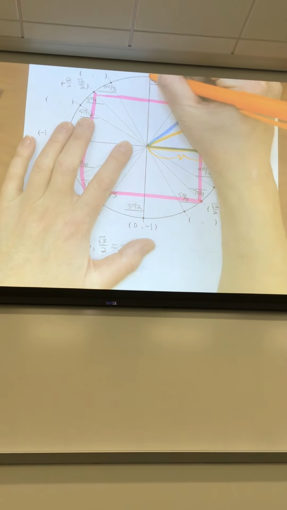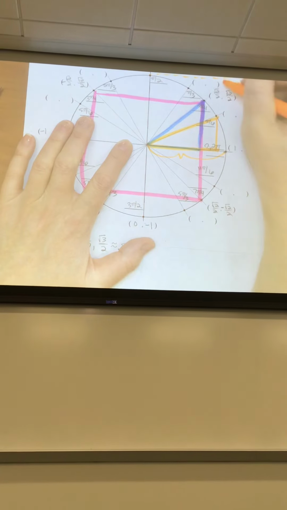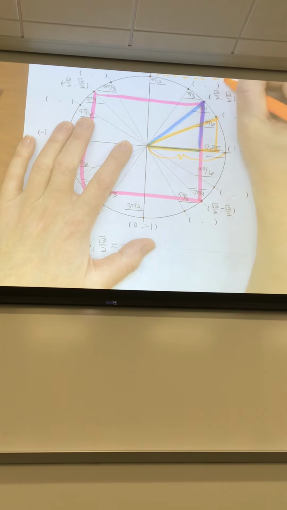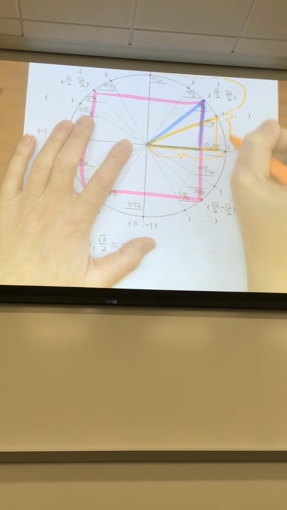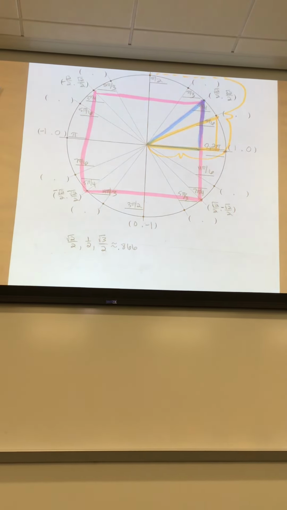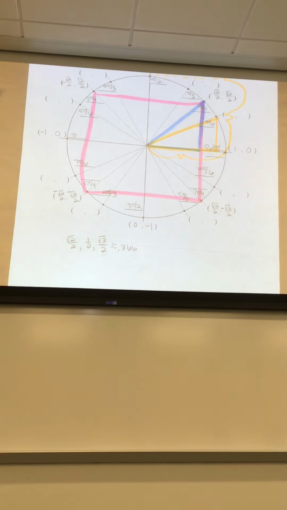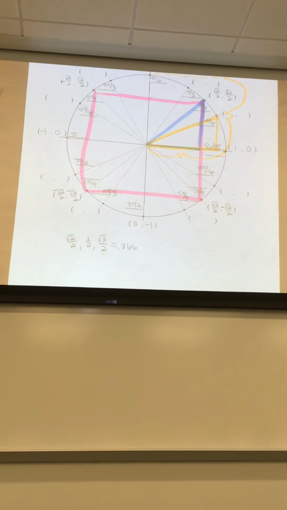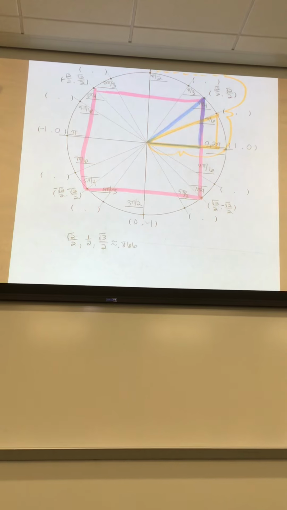And if I extend that, this whole length is 1. And I told you square root of 3/2 is approximately 0.866. So almost 0.9, right? So 0.9, really close to 1. And 1/2 is the other one.